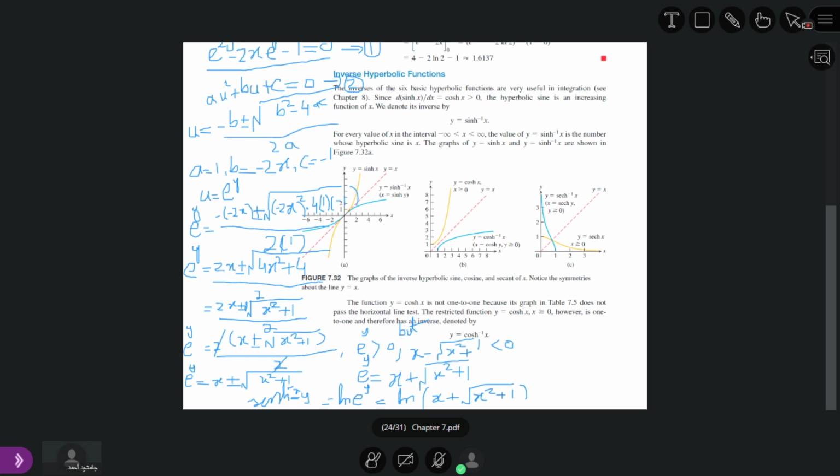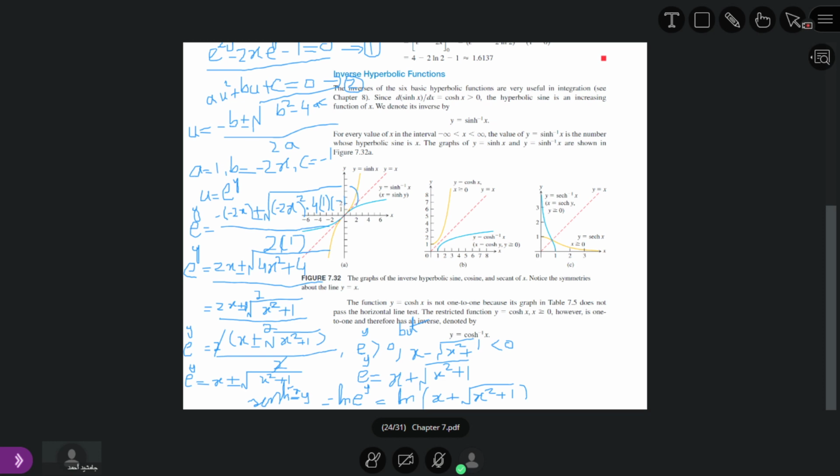Thus we get e power y equal to minus minus 2x plus minus square root of minus 2x square minus 4a c, divided by 2a. What is a? a is equal to 1, c is equal to minus 1, and 2a is 2 into 1.